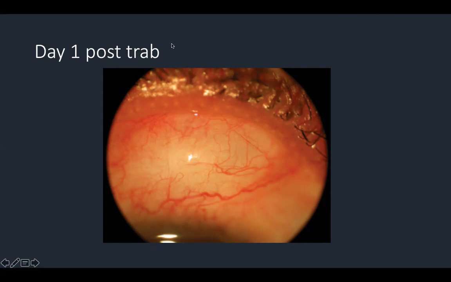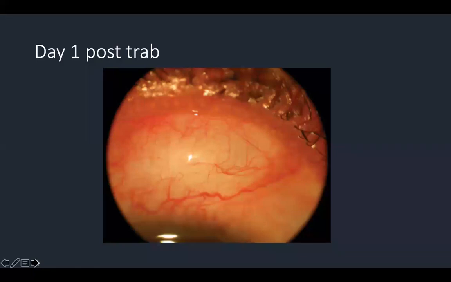I would like to assess the disc along with the posterior pole. Two things: the disc and the choroidal folds. So he has a high bleb, low IOP. It's an overfiltration. Check for choroidals, hypotony maculopathy. Yeah. So what would you do?